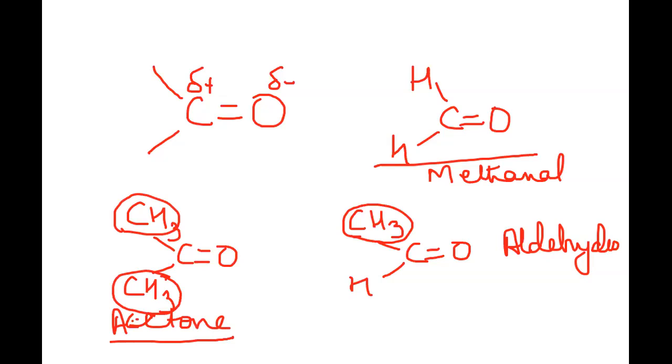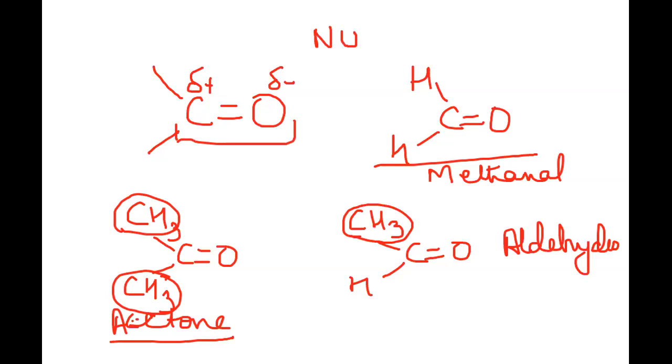But we are basically interested in this part of the compound, the carbonyl group. Due to the doubly bonded oxygen, the carbon gets a partial positive charge and oxygen develops a partial negative charge, which makes the carbonyl group very susceptible to nucleophilic additions.